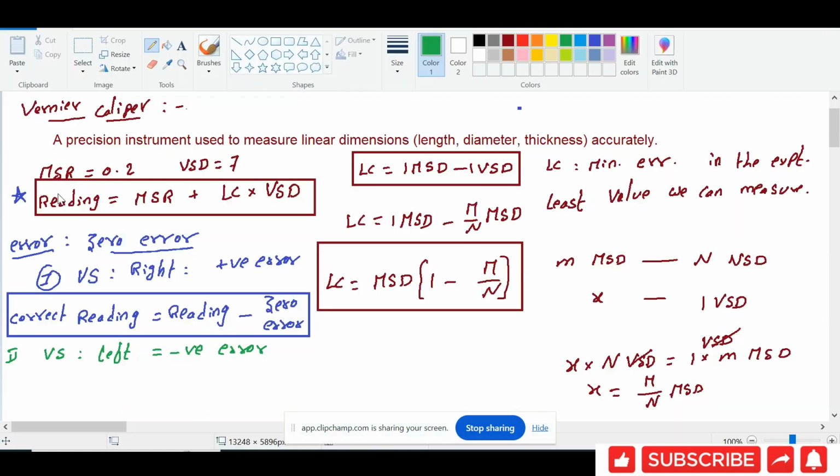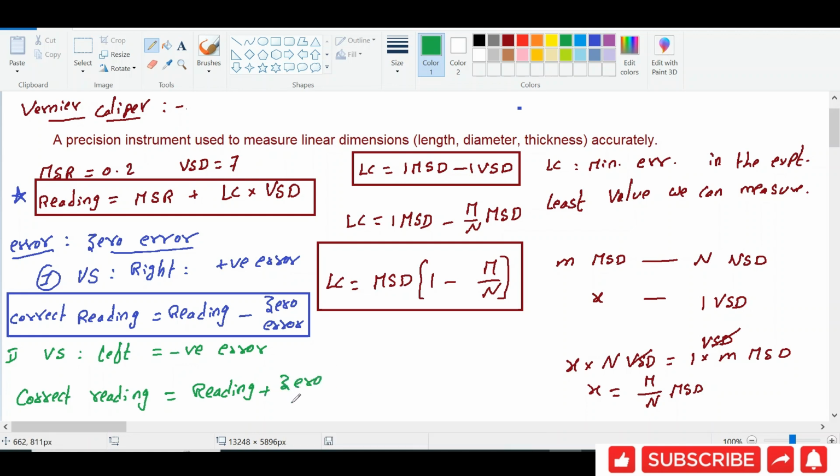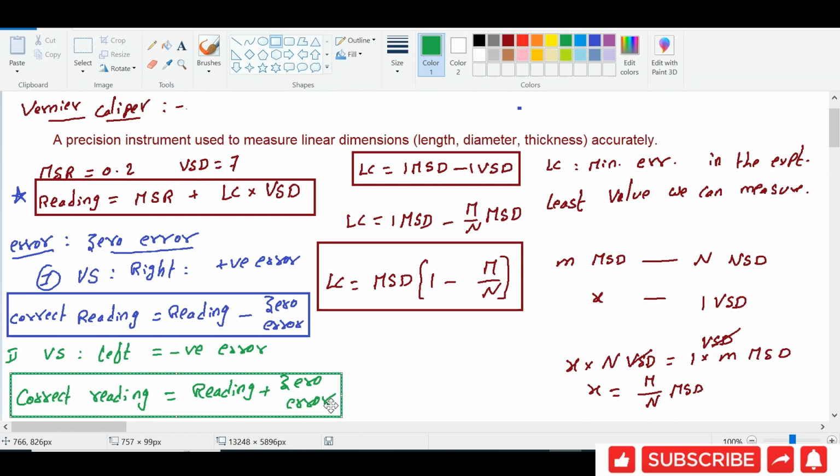That's why we will add here. So now what is the correct reading? The correct reading is the reading you found plus the 0 error. In this way you will get the exact values with the Vernier calipers.